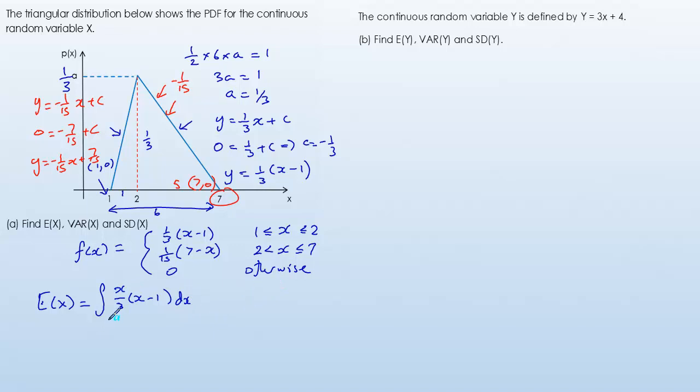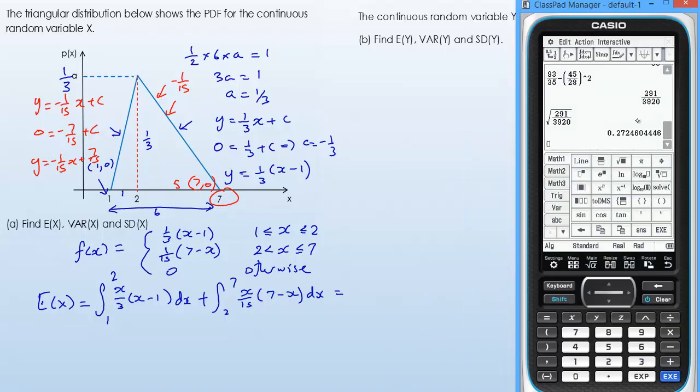And that goes from 1 up till 2. And then we'll have the integral from 2 to 7 of x over 15 (7 minus x) dx. And we'll check when we get the actual answer that it's a sensible answer. But we can do this on the calculator.